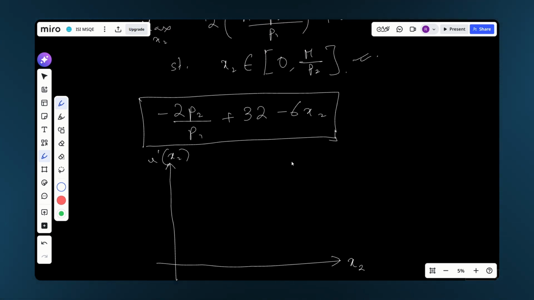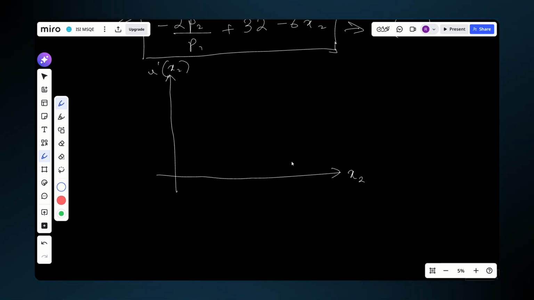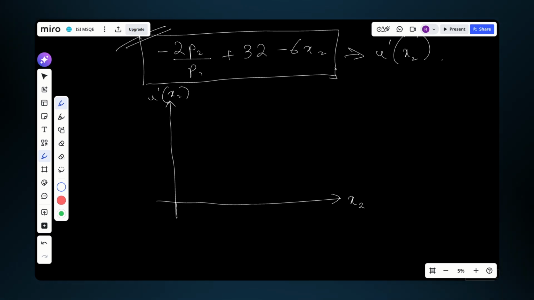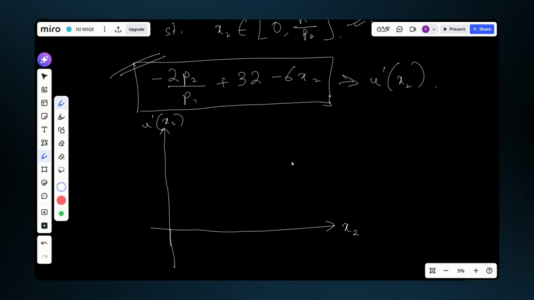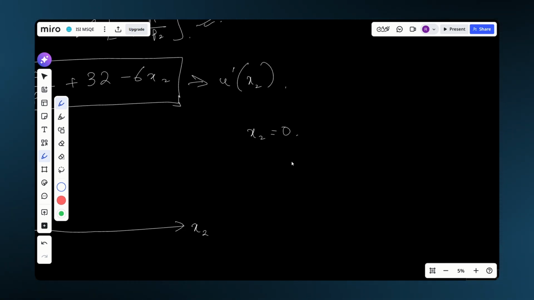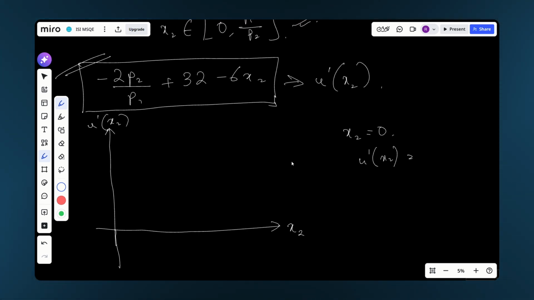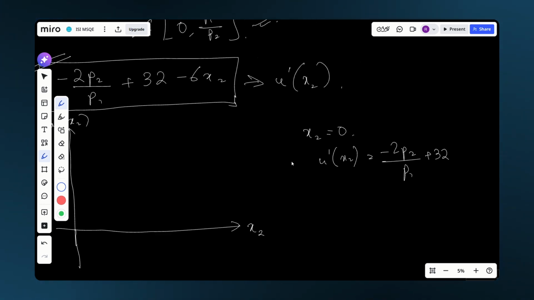So on the y-axis I will be plotting this function, which is nothing but our u dash x2. If, let's say, x2 is equal to 0, then our u dash x2 is what? Minus 2p2 by p1 plus 32, right?